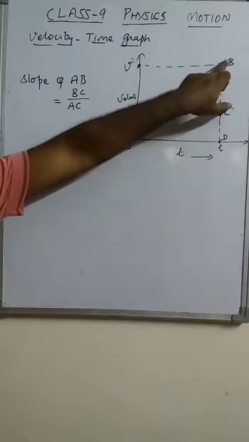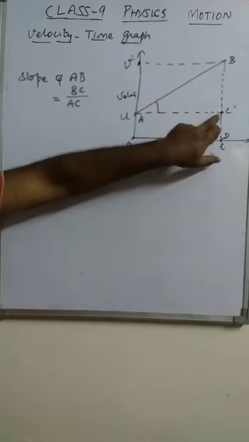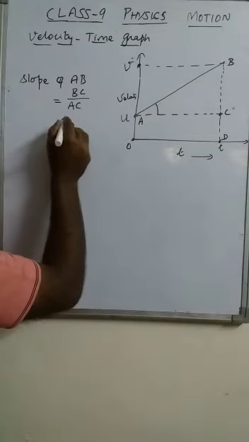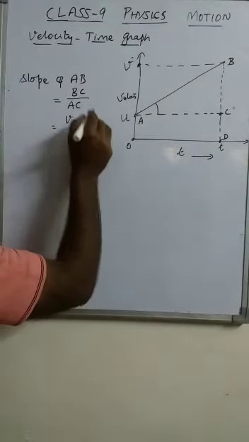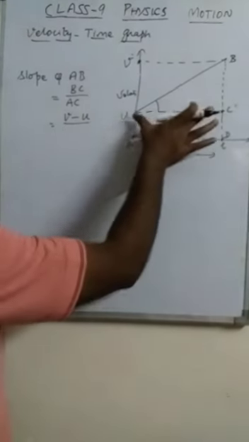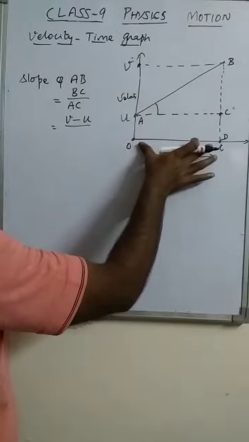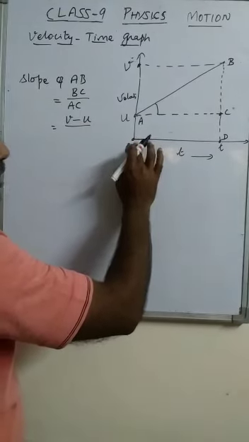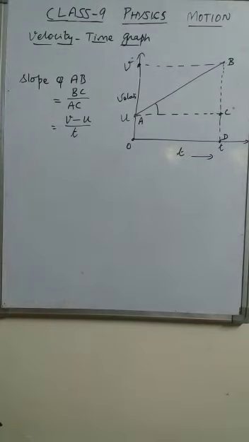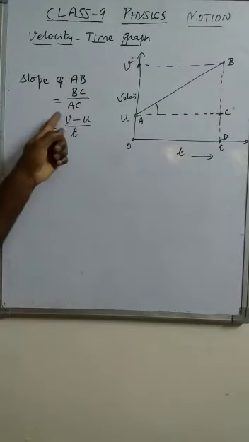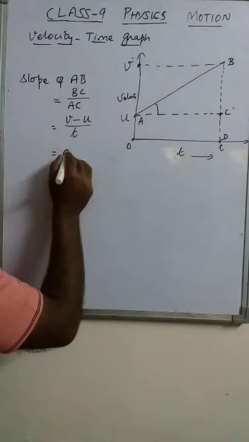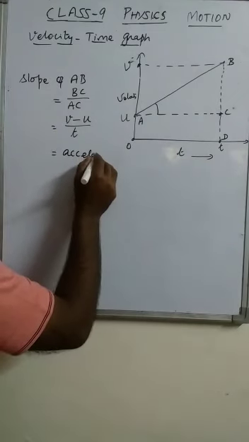At point B the velocity is v, at point C the velocity is u. So BC is equal to v minus u, that is the change in velocity, upon AC, that is the time from 0 to t, so t minus 0, that is t. You know that change in velocity per unit time is the acceleration.